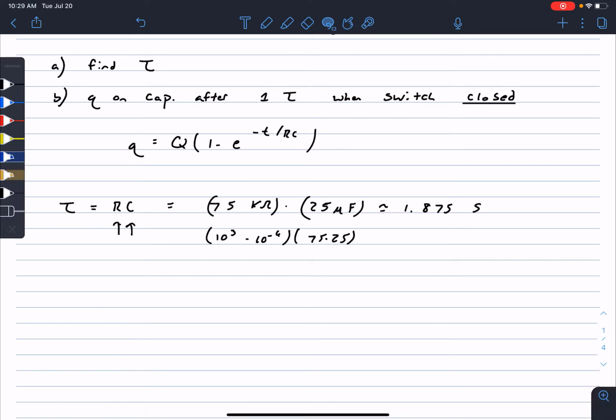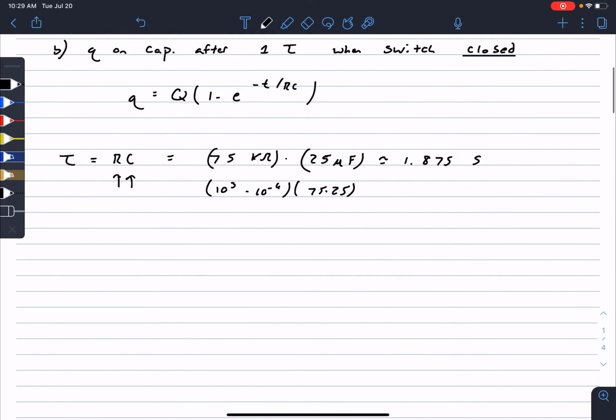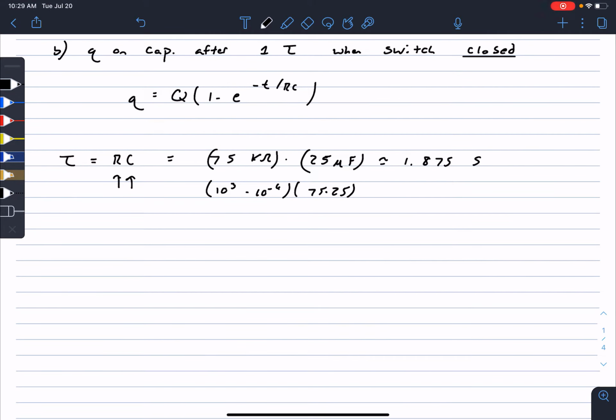Anyway, next, so that was part A. For part B, we are asked to find the charge of the capacitor 1 time constant after the switch is closed. Now again, we can use this formula. We need to find what Q is.